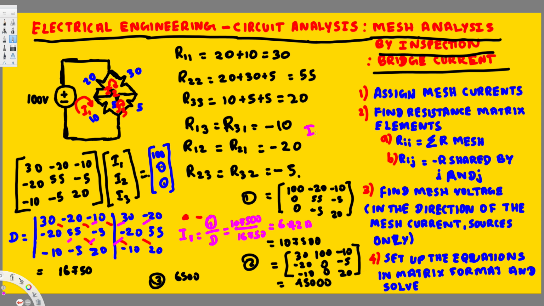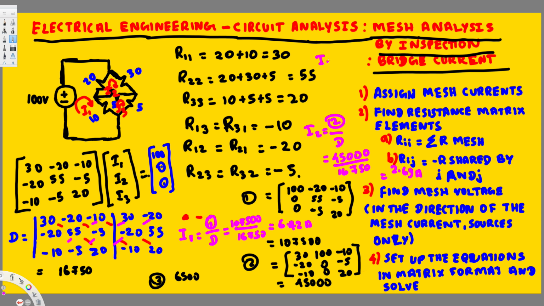For I2, it's the same thing: the second determinant divided by the original determinant. We found 45,000 divided by 16,750, and that's going to give you 2.69 ampere.